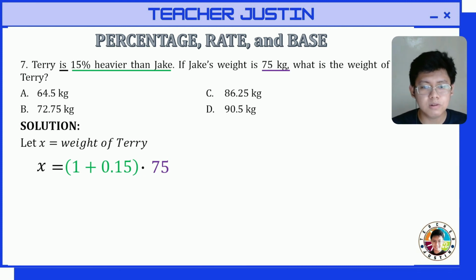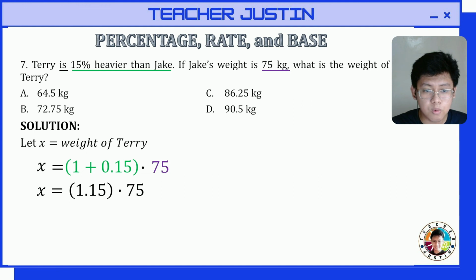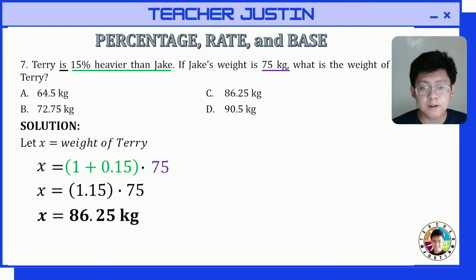So, X is equal to the quantity 1 plus 0.15 times 75. Yan. So, let's simplify. So, 1 plus 0.15, that is equivalent to 1.15. Then, let's multiply 1.15 and 75. That will give us a product of 86.25 kilograms. Therefore, yung weight ni Terry will be, letter C, 86.25 kilograms. And that's it. Ta-da! Alright.